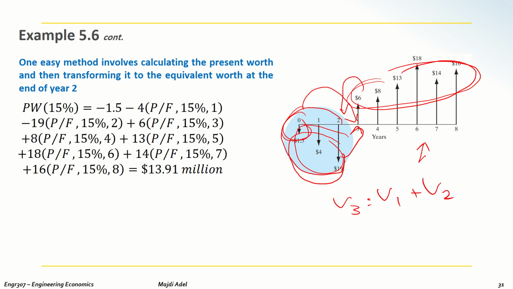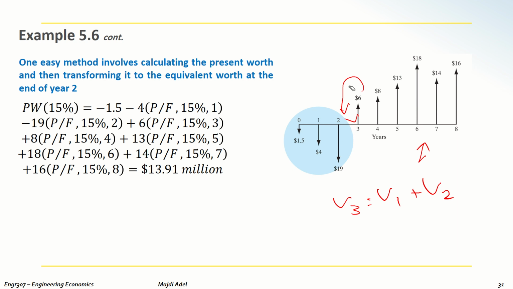So the present worth at 15% for the complete cash flow: we are going to calculate the present value of this cash flow and then convert it to a future value at n equal 3. All values are in millions.